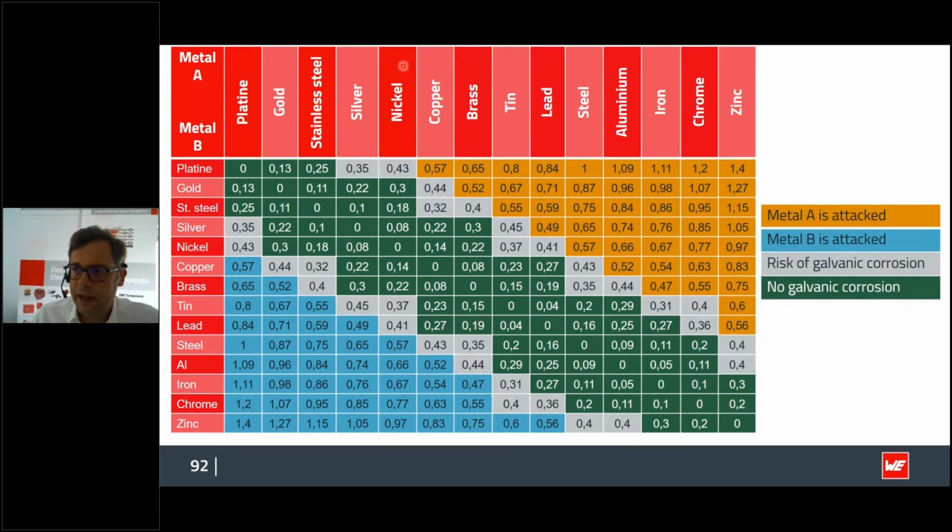It's also a good explanation why we use nickel as an underplating, because if you look inside that overview, inside the chart, in combination with gold, stainless steel, which is used for tactile switches, silver, copper, brass, and also tin. Tin is also in an acceptable area. It's a material where you can combine most of the contact surfaces.